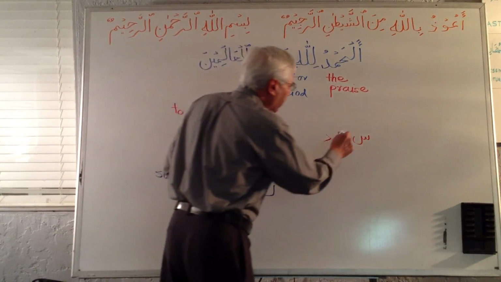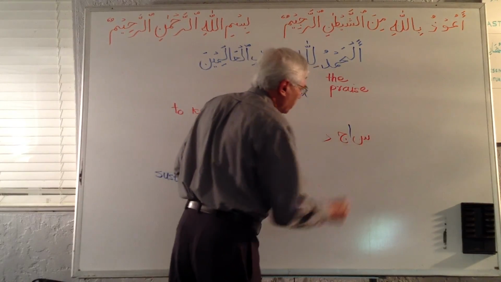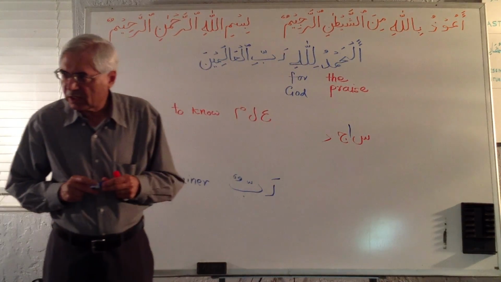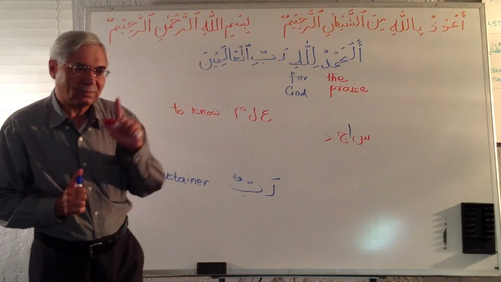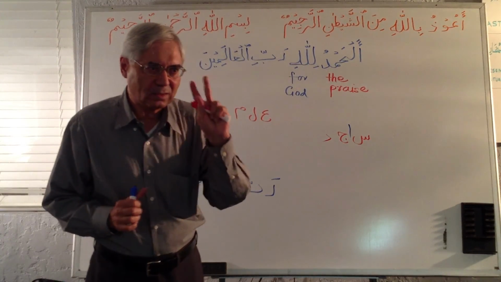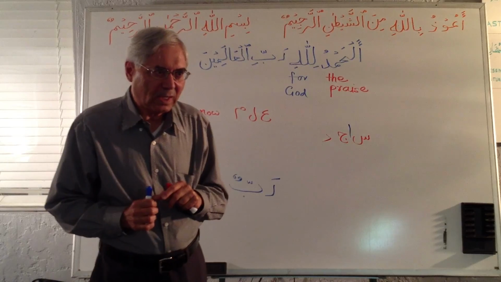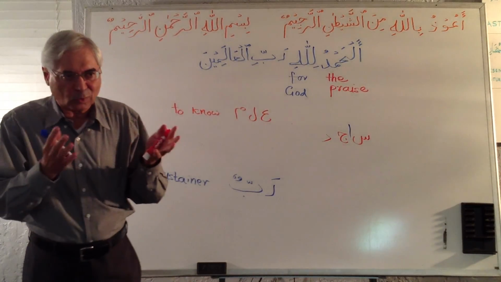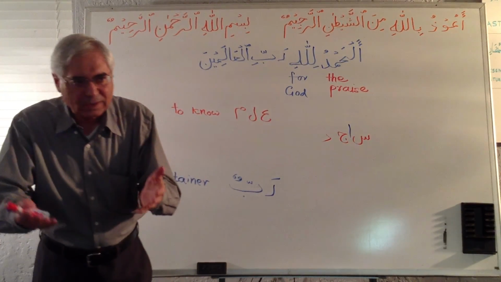If I put an alif between these two, Sajidun, the last letter has to have two dhammas on it. Sajidun is the actual word and means the one who makes sajda.